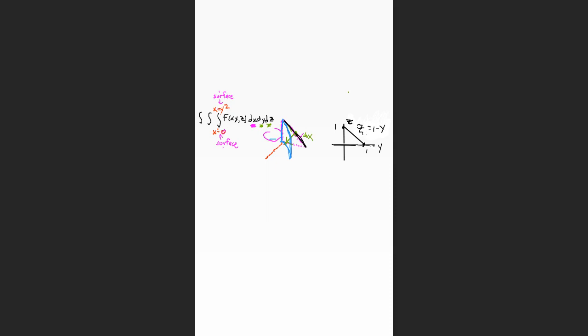Okay, so here is z equals 1 minus y. Okay, and here is, well, hold on. Wait. We're doing dy dz. So I don't want to have a function on the top and a function on the bottom. I want to have a function on the left and a function on the right.